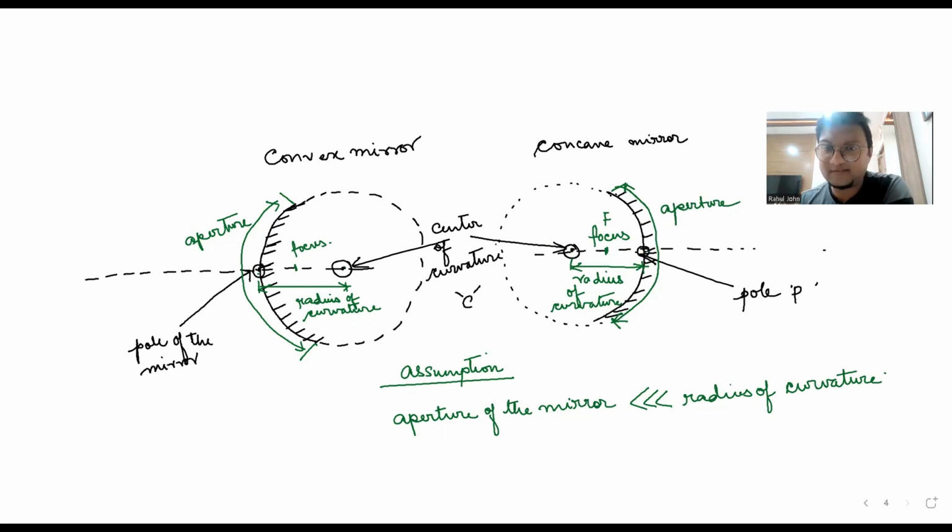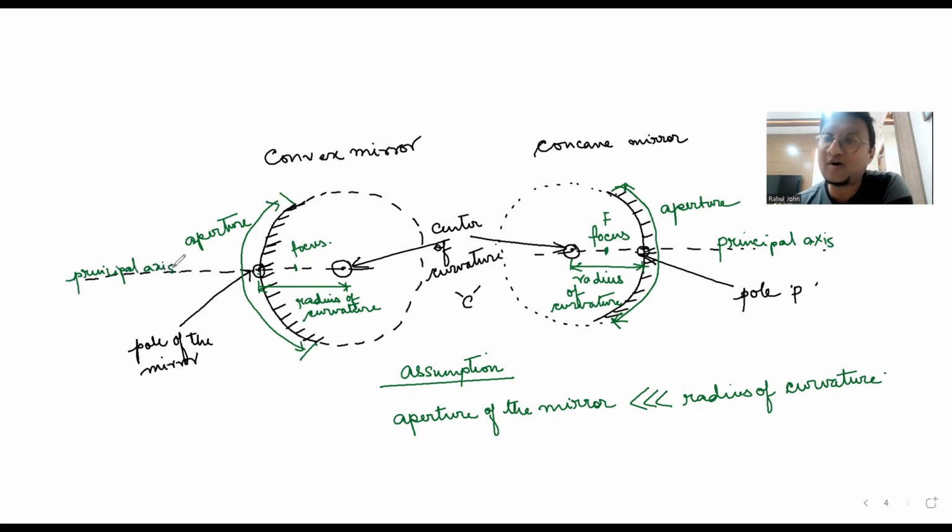And one more thing which I did not mention, that is this line which we had drawn, which runs through the pole, is known as the principal axis. Similarly here, this line will be known as the principal axis.